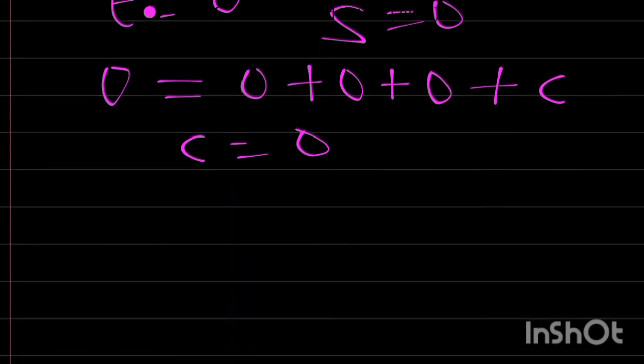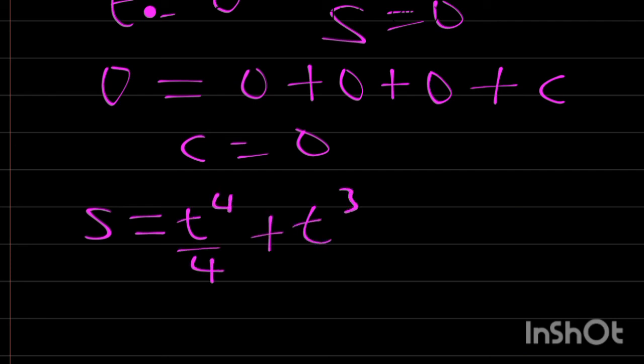Therefore, the expression for calculating the distance covered now from the origin is going to be given as s is equal to t raised to power of 4 over 4 plus t raised to power of 3 over 3, then plus 12t.